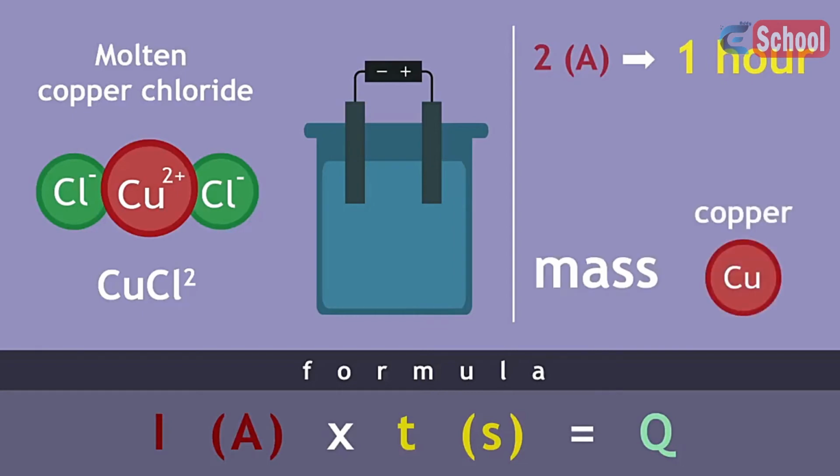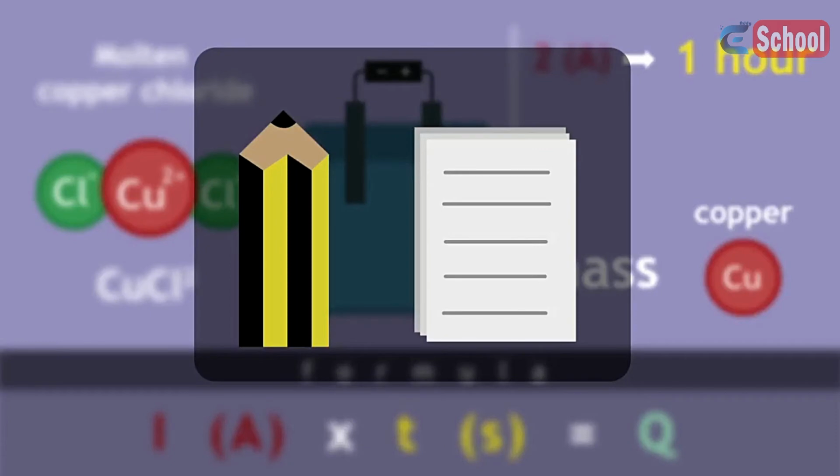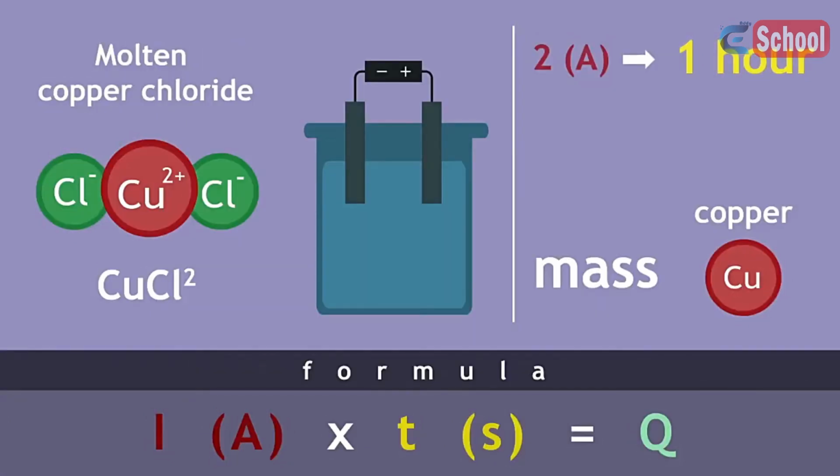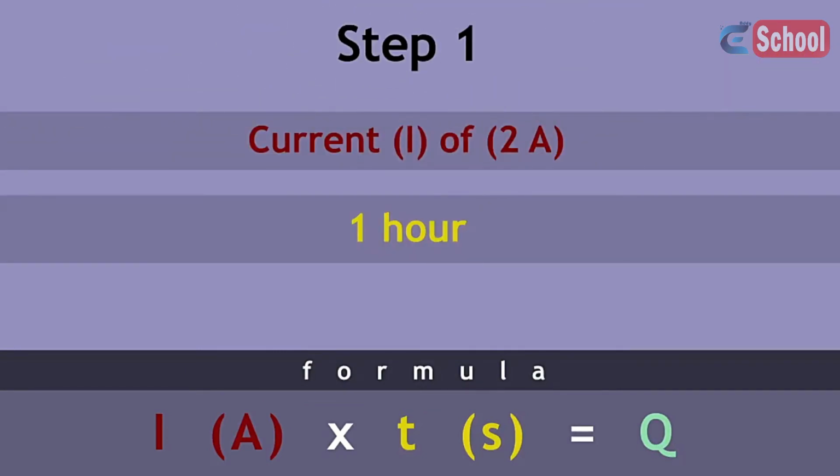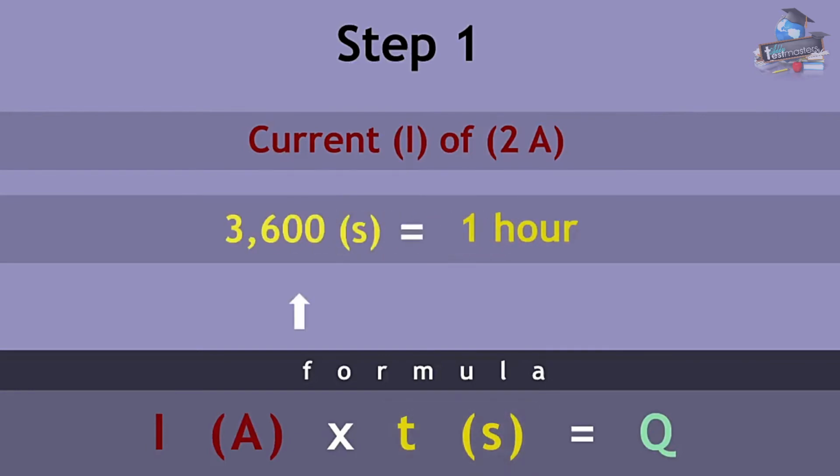You might want to have a pencil and paper ready for the next part. Pause the video and continue when ready. Step 1. You can use the formula to work out the quantity of charge passed in the time given. Remember, there are 3,600 seconds in 1 hour. In other examples, you may have to convert to seconds.